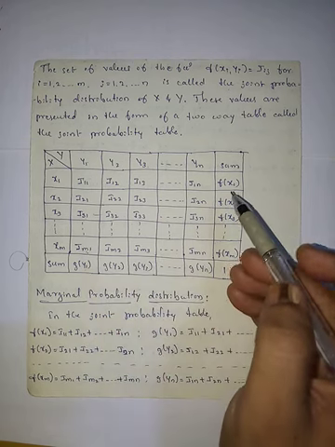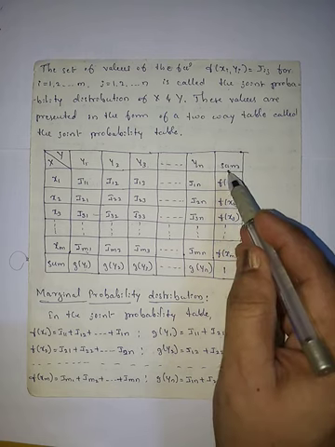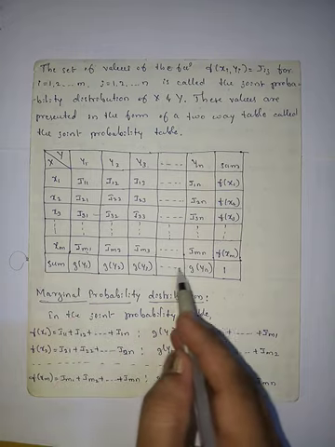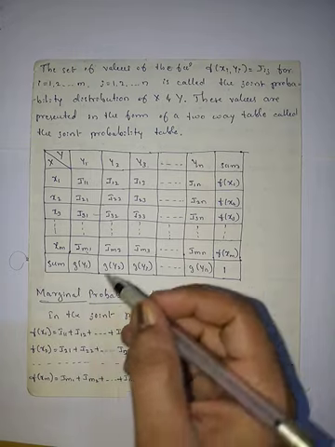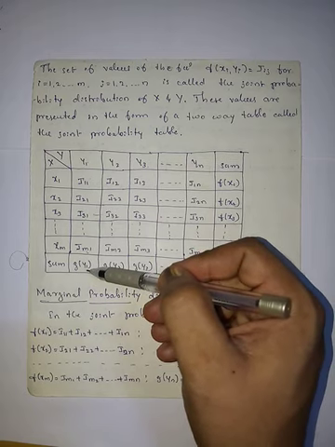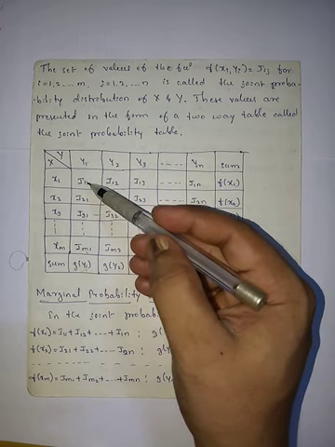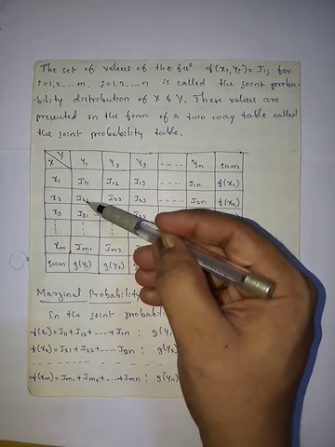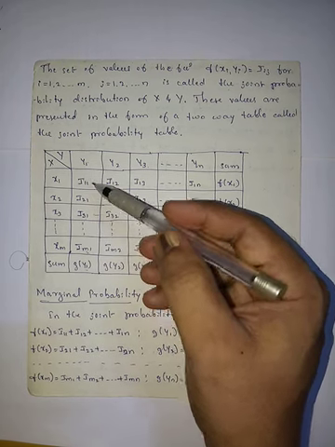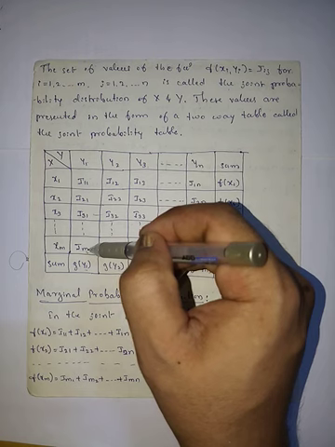Next, in this table we have the column sum and the row sum. Here, g of y1 is the sum of j11, j21, j31, and so on, up to jm1. It is a column-wise sum of the joint probabilities.